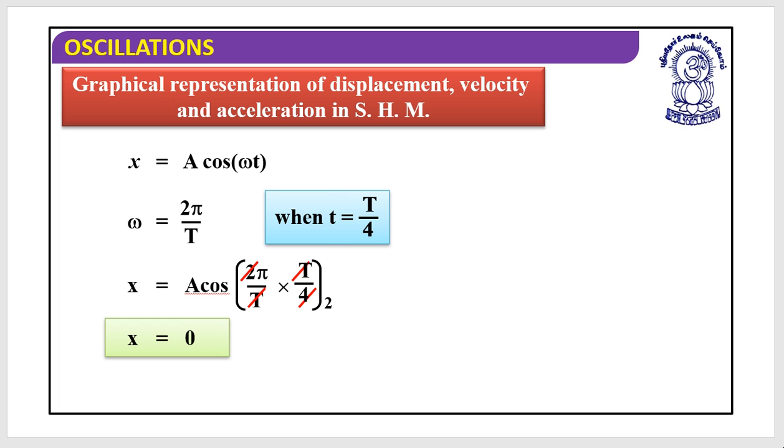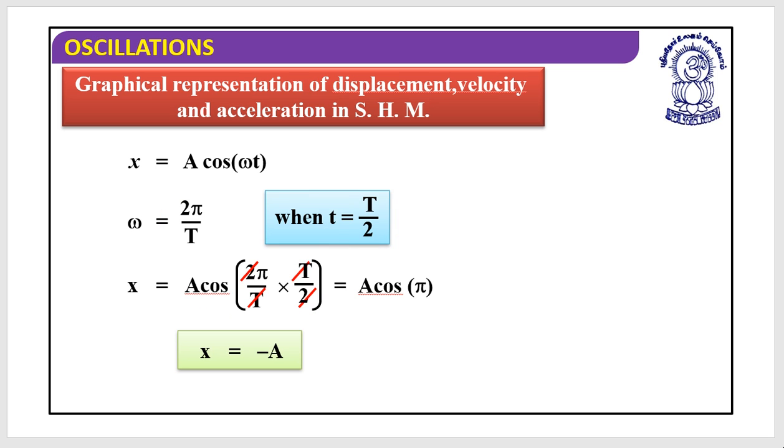Next, at t equals T by 4, if I put omega equals 2 pi by T, this is 2 pi by T into T by 4. The T has gone, this is 2 pi by 4, which equals pi by 2. And cos pi by 2 will be 0.